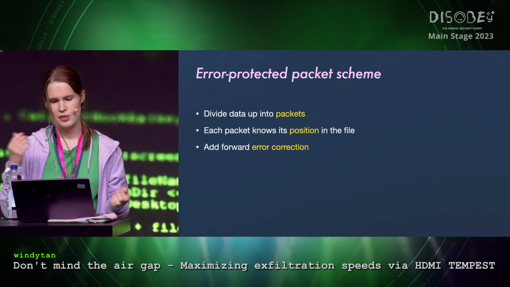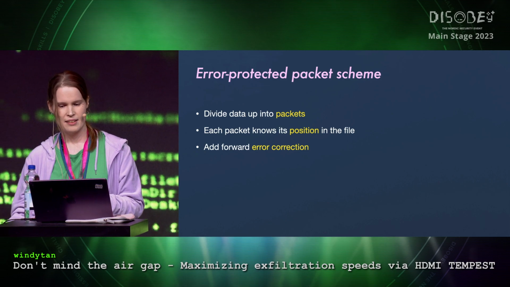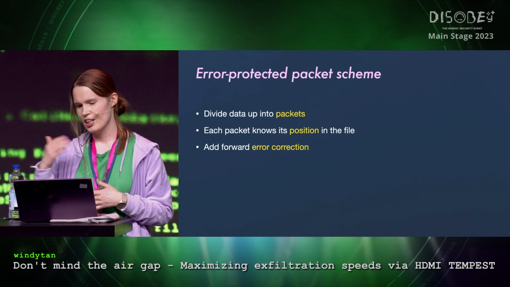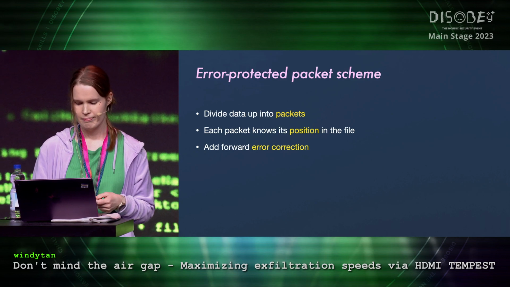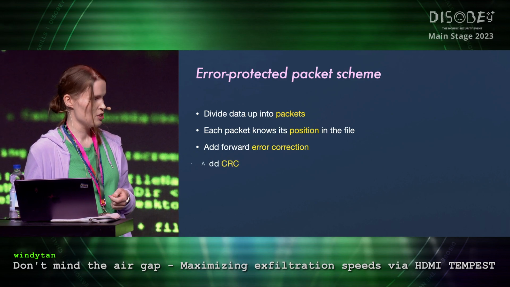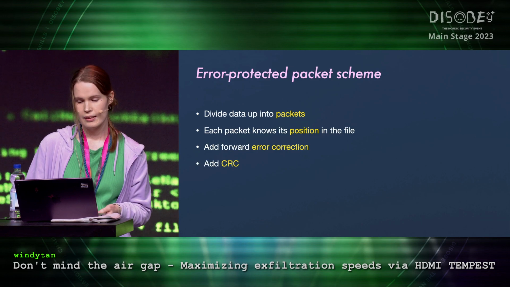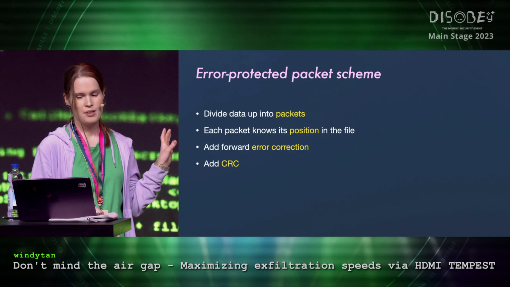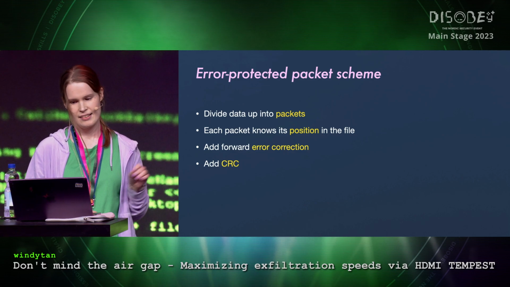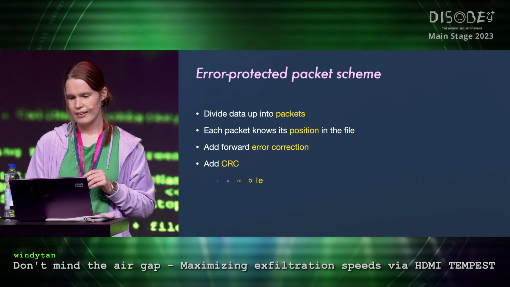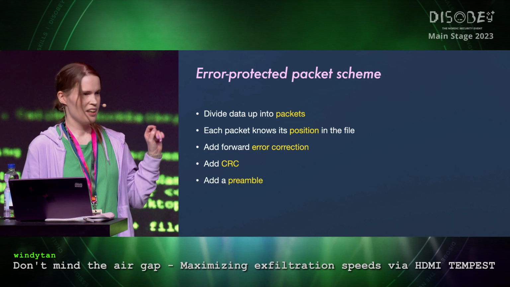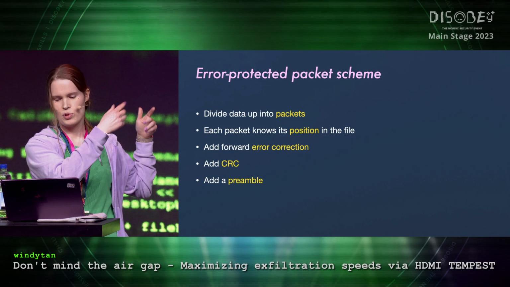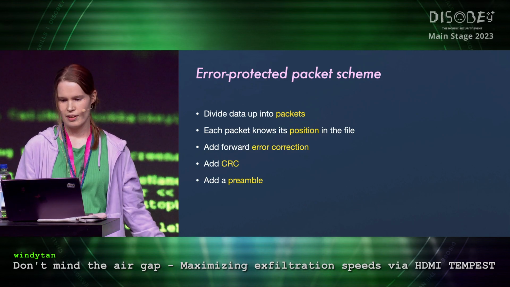So basically, we just add more bits into the stream to exchange bandwidth for reliability. Then for each packet, we add a CRC, which is a checksum. With this, we can be sure that the packet was received intact. Then one more thing, we can add a preamble in the beginning so that we know where to start receiving, so where the information starts.